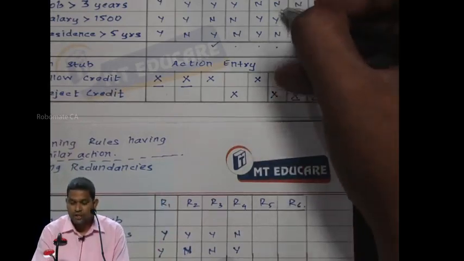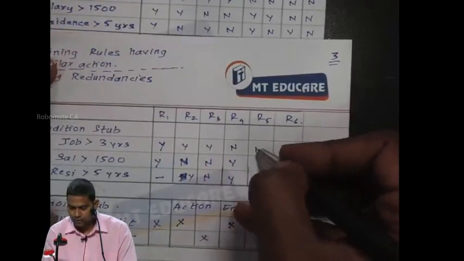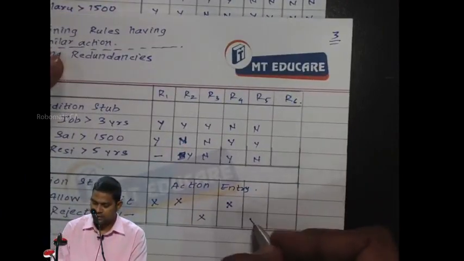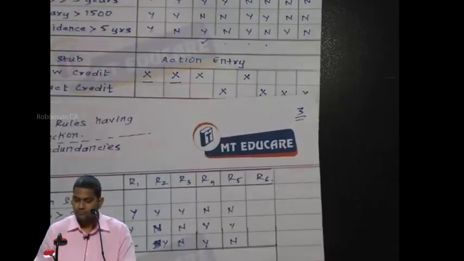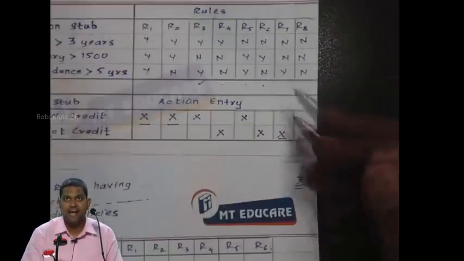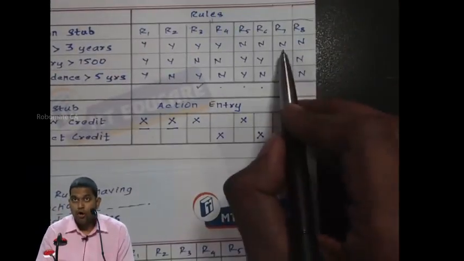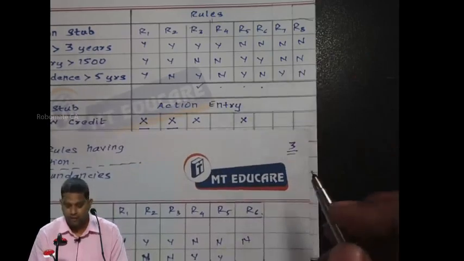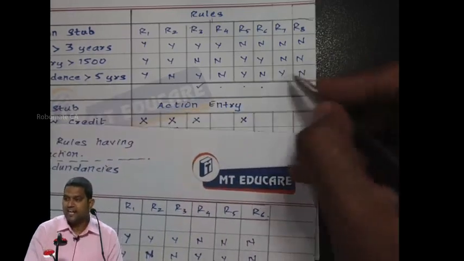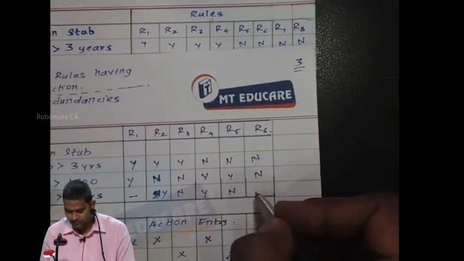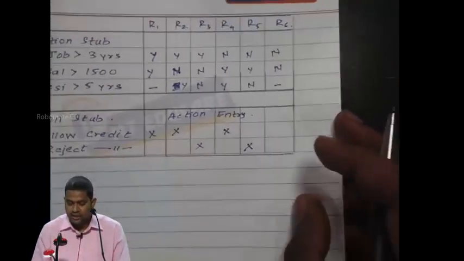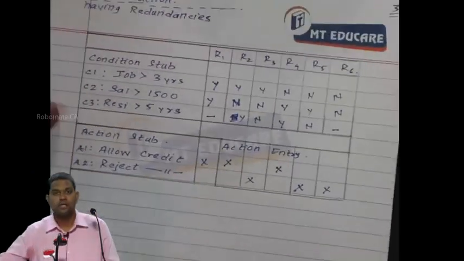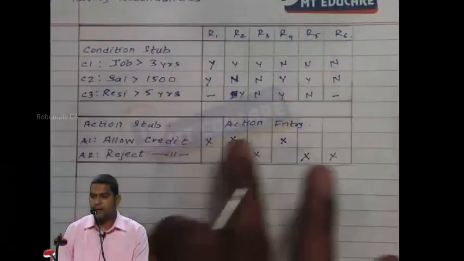It is no, yes, no. No, yes, no. So the result will be reject credit. Okay. And just now we said that 7 and 8 have to be combined. No, no will be. No, no will be. And for yes and no, I cannot write. And what is the condition? What is the action? Did you get this part?